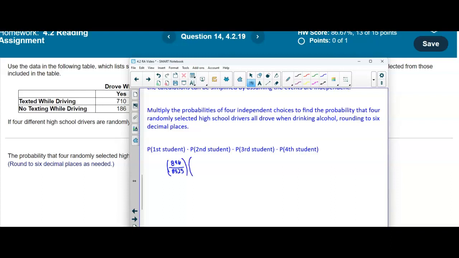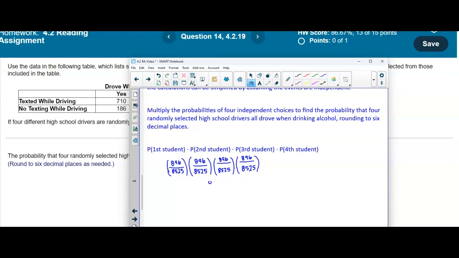Then we're going to multiply it by the next randomly selected student, which is 896 over 8,525. And then the third student is 896 over 8,525. And then times 896 over 8,525.